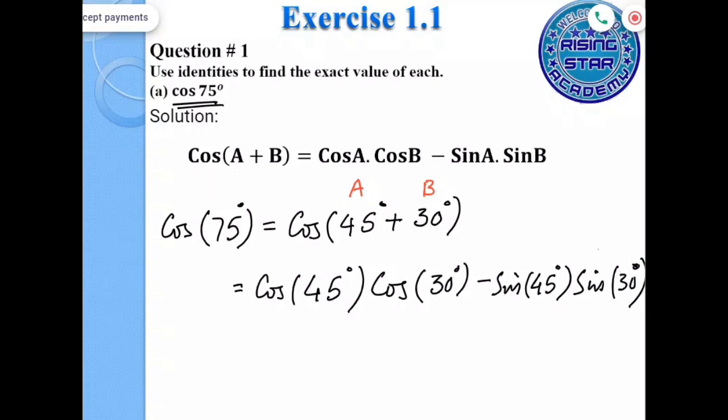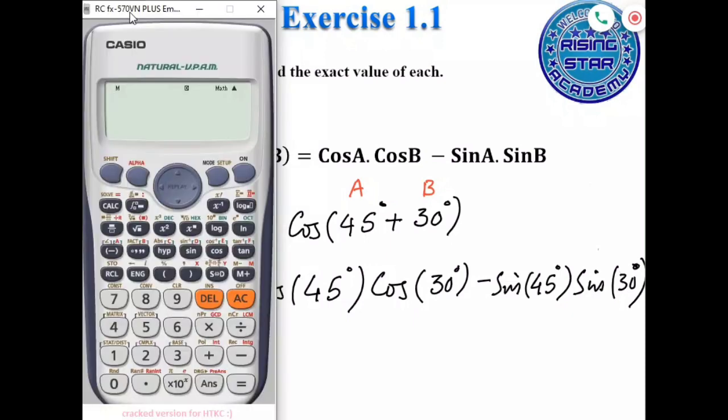Now we will use the calculator to find the values. So here we will find first cos of 45, that is square root 2 over 2.